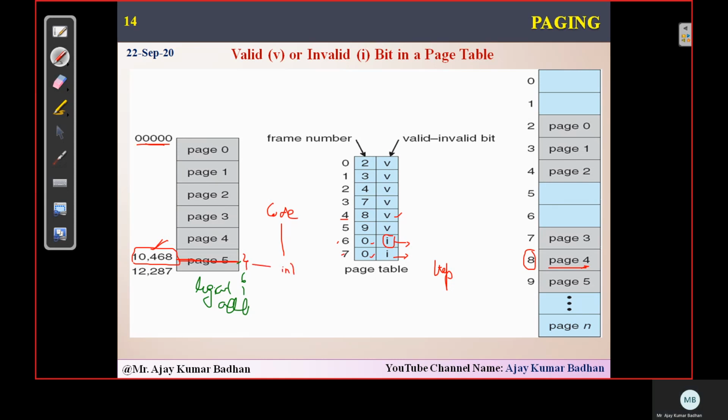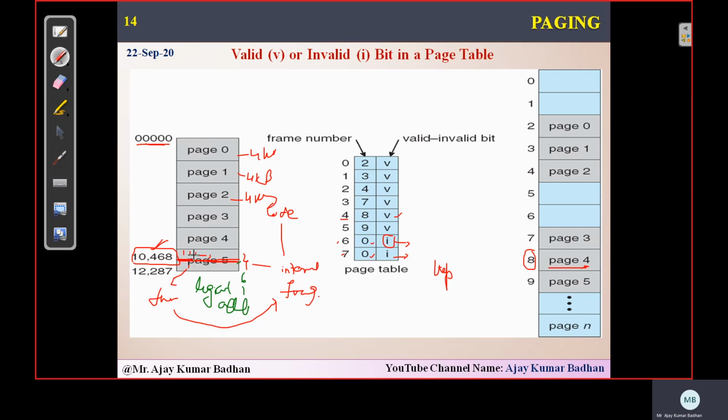There is internal fragmentation, because we discussed that every page size is the same, like 4 KB here. Among page 5, whatever size is allocated, we are accessing only up to 10,468, so only some portion is used. The remaining portion is free, and we are not accessing it. That is what we call internal fragmentation.